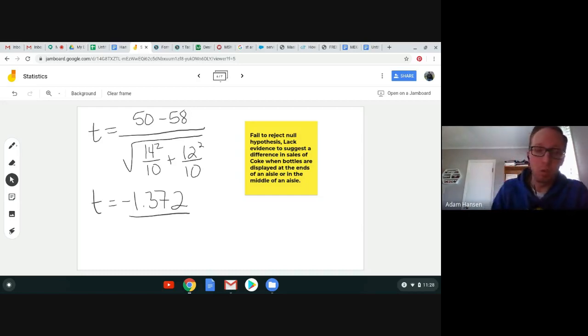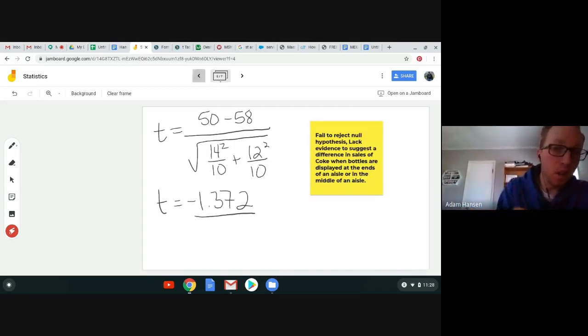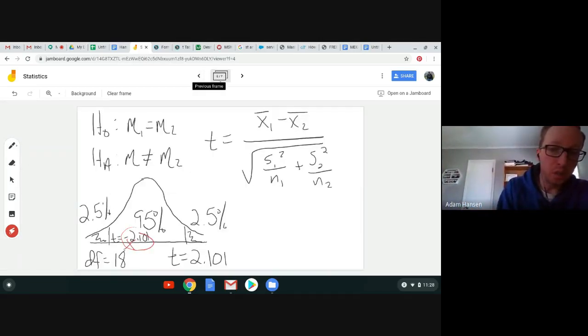This t-score was not as extreme as the ones defined by our rejection region, plus or minus 2.101.